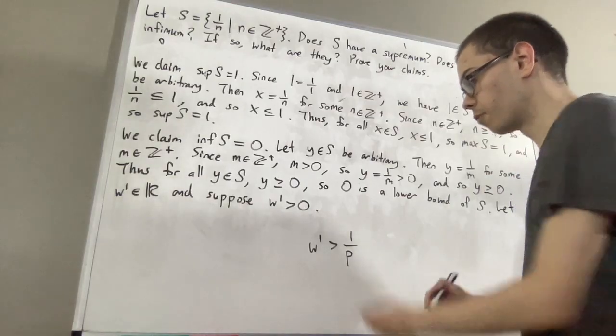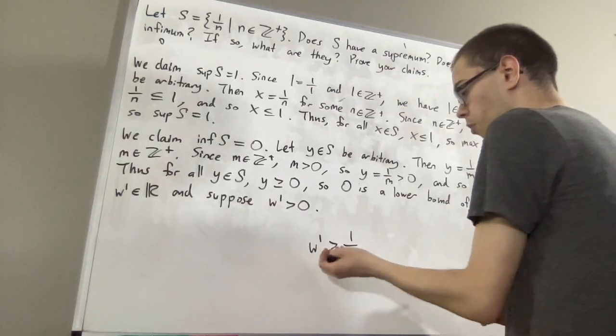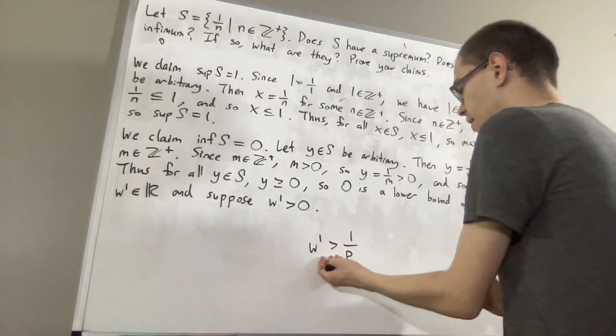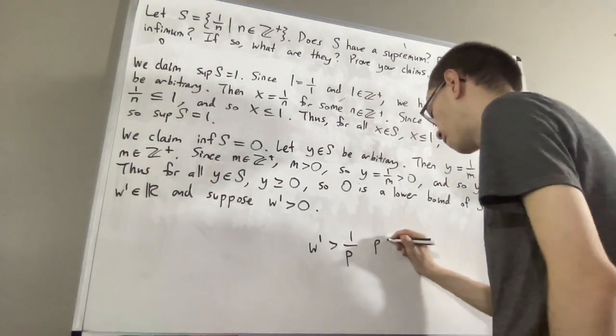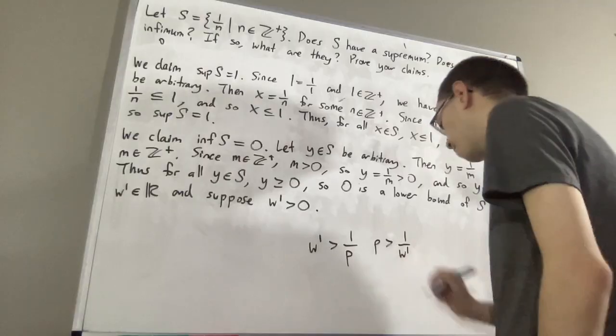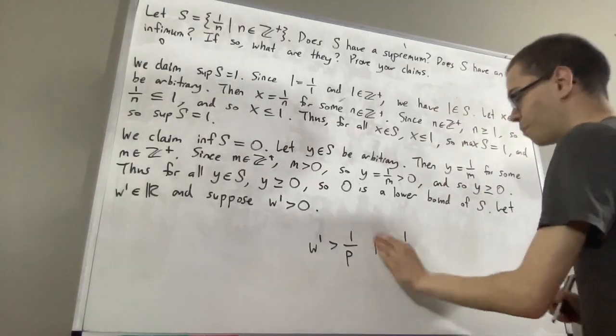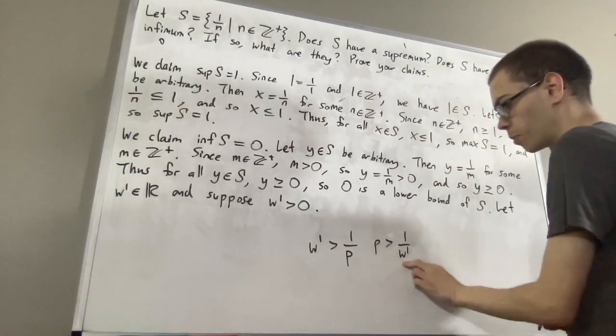This is equivalent to saying p is a positive integer bigger than 1 over w prime.